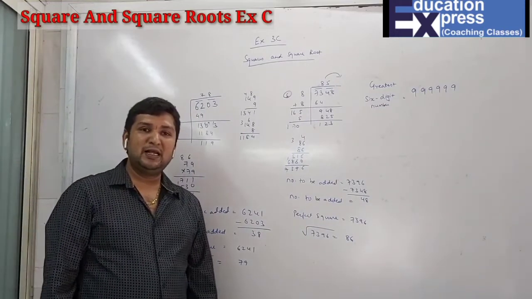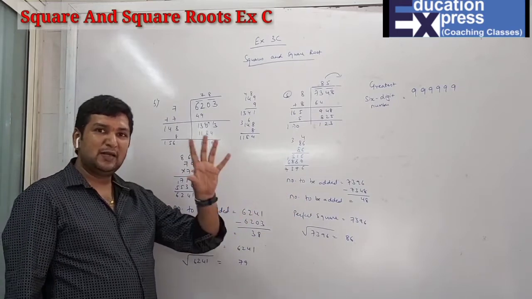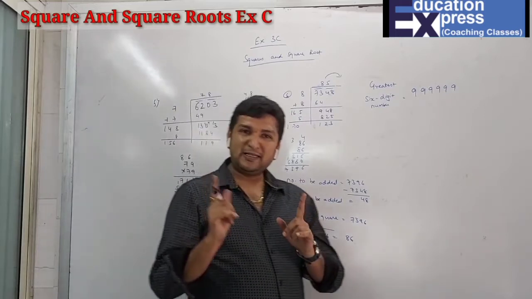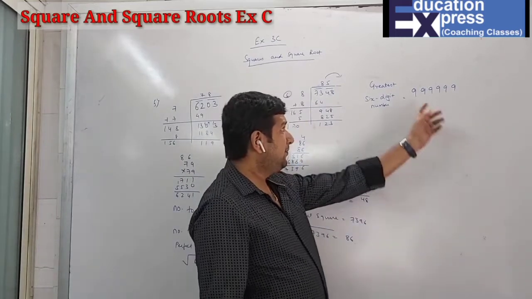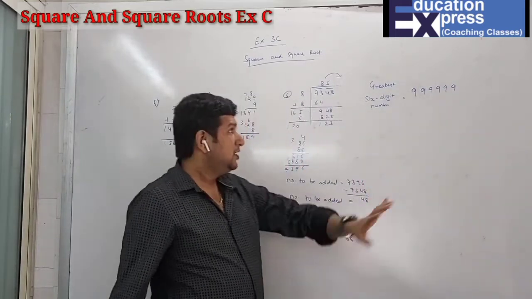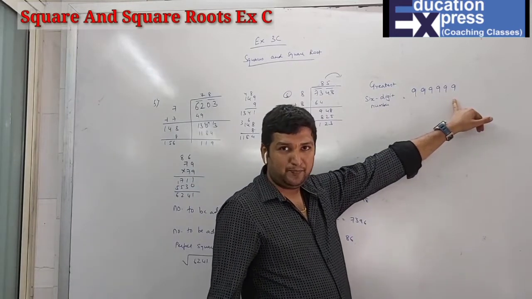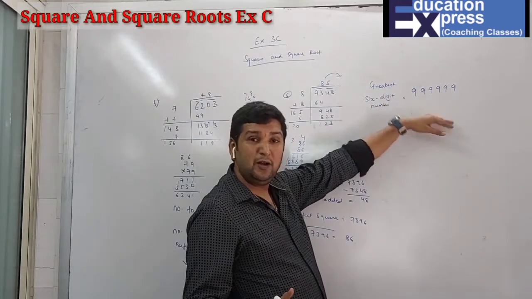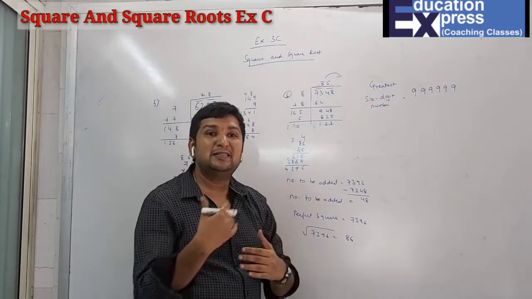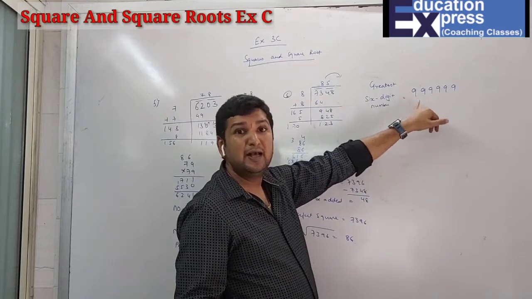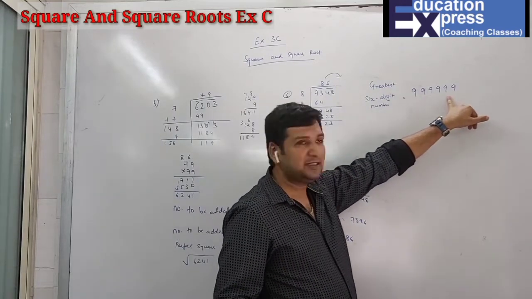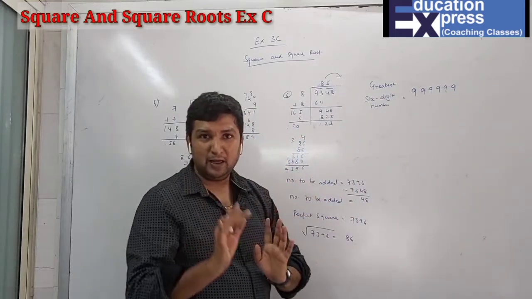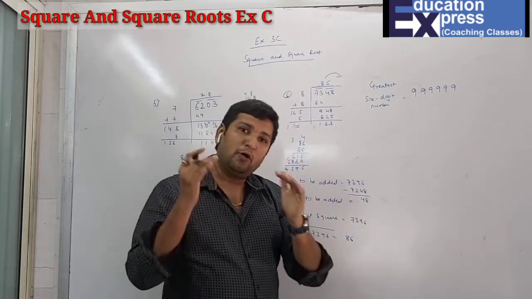So can you please tell me whether I will use the concept of addition or subtraction? Simple, students, I want a perfect square 6 digit number. This is the maximum 6 digit number, right? Now if this is not a perfect square, then obviously a 6 digit perfect square will be more than this or less than this. Obviously it has to be less than this, because more than this becomes what? A 7 digit number. This is the greatest 6 digit number. After this you will get 7 digits, which you don't want. So what do you want? 6 digit.